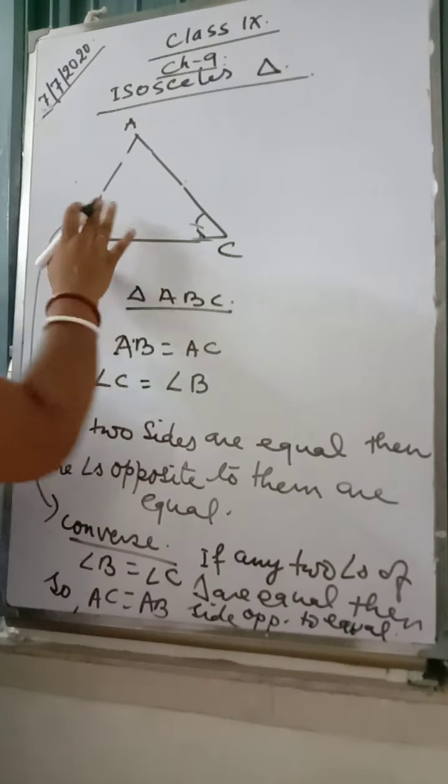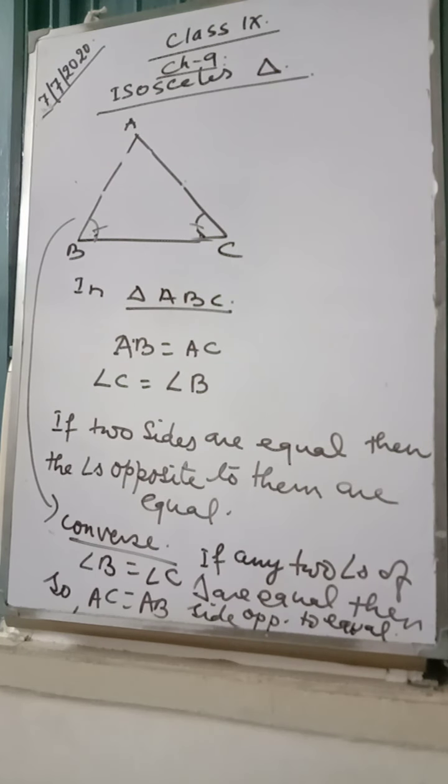This is the converse of relation number 3. Already you have learned it yesterday, and today this is based on the theorem. The theorem first says, if two sides are equal, angles opposite to them will be equal, and the converse of this theorem says, if two angles are equal, the sides opposite to them are equal.